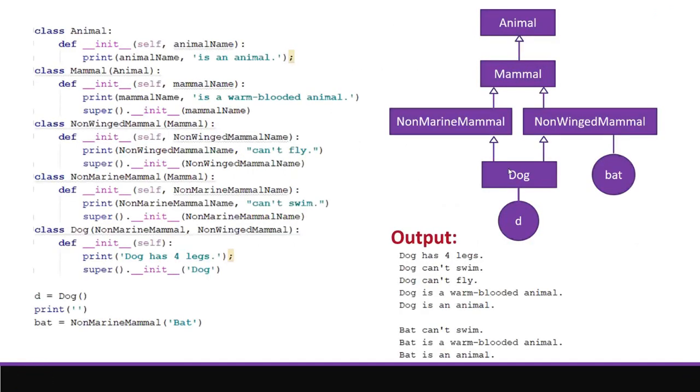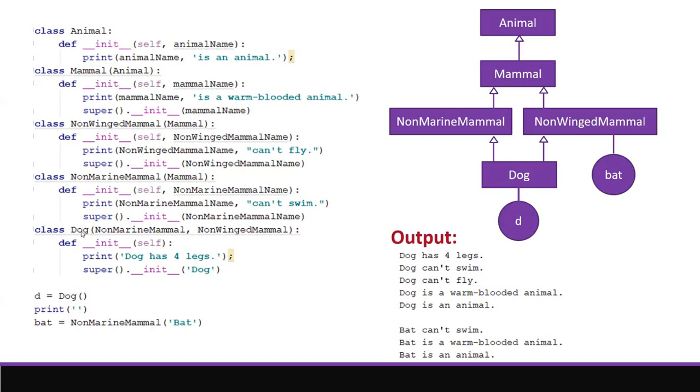And you may have a structure like this. The super class is animal. Mammal extends animal. Non-wing mammal extends mammal. Non-marine mammal extends mammal.